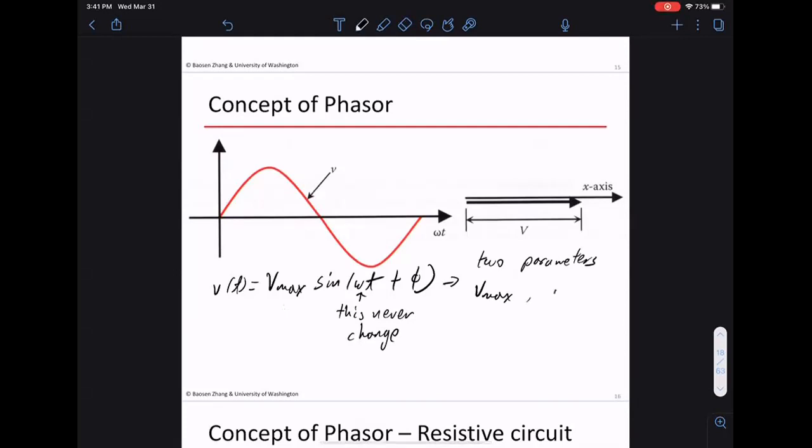And then you have this angle that can change. When we summarize these two, we create a phasor, which basically just drops the sine omega t part, since that's always the same, and focuses on the amplitude and the angle, which we think of as a complex number.